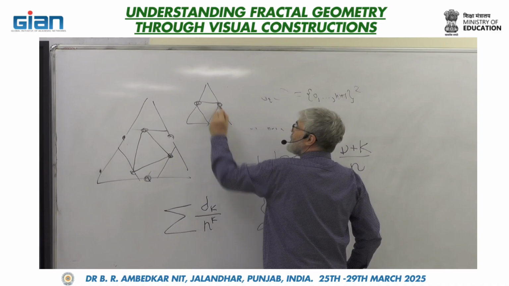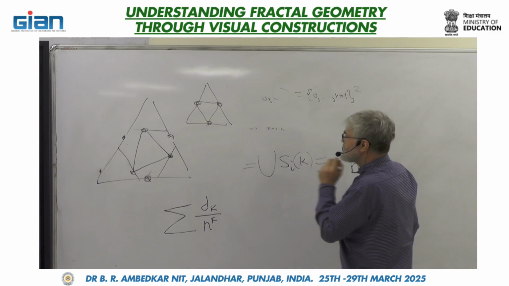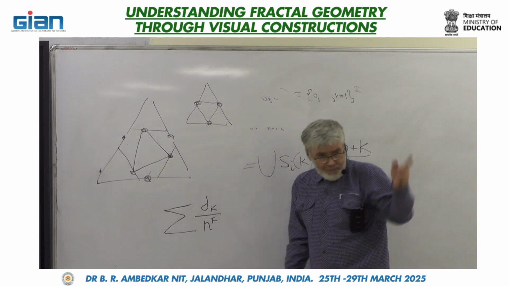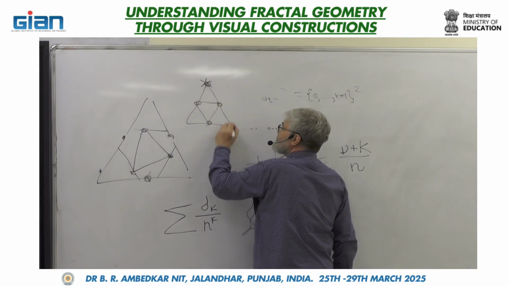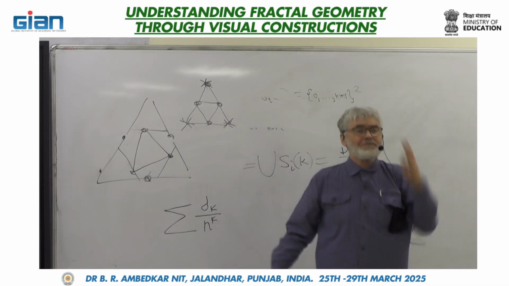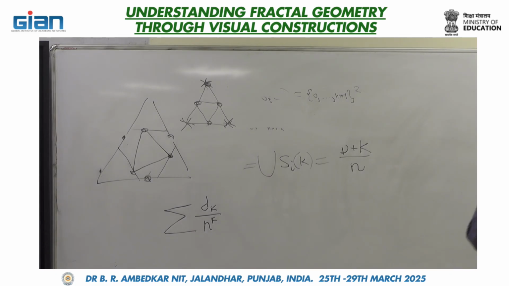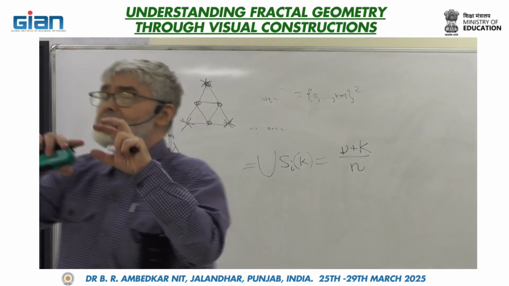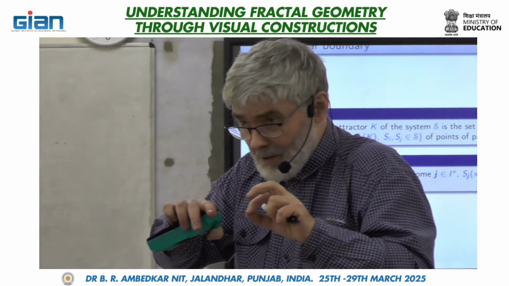For example, the Sierpinski gasket has these three critical points, and their pre-images are this, and these three points are called the self-similar boundary of a self-similar set. Because all copies of the self-similar set intersect by the images of the points from the boundary.